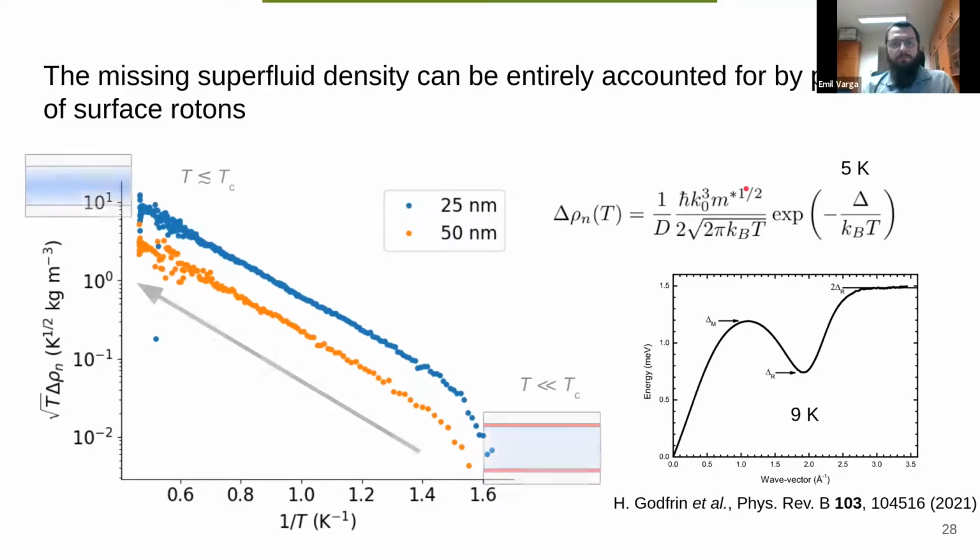Another important thing here, as I mentioned in the introduction of this part, is that as we go from the low temperature limit to the high temperature limit, we should expect some change from surface dominated behavior to a regime where the correlation length is comparable to the system size, but we see no change in qualitative behavior. So it seems like all of this is just due to these rotons that are somehow associated with the surface.